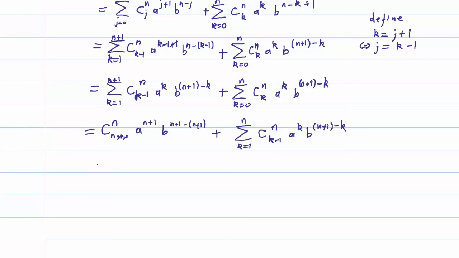So I have plus C(0, n) a to the power of 0 times b to the power of n plus 1 minus 0, plus, and then I took the 0th term out, so I have a sum that goes from k equals 1 now to n, C(k, n) a^k b^(n plus 1 minus k).